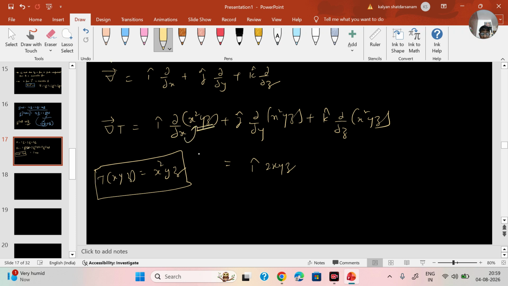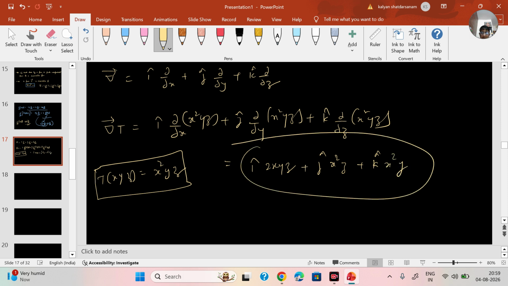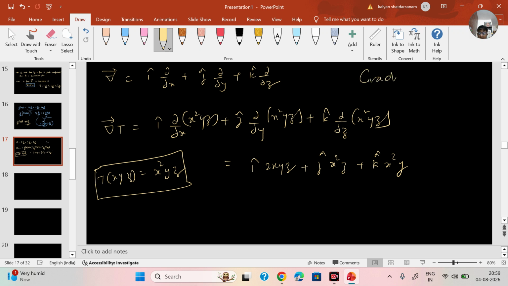You are differentiating only x². Then in the next case, ∂/∂y means only y varies, so j x²z plus k x²y. This is what you got. So you got del of temperature. Del T is also called, if you apply del on a scalar, the gradient. So here we have done the gradient of temperature.